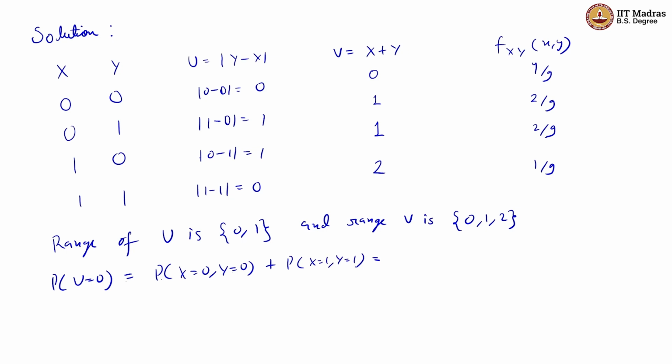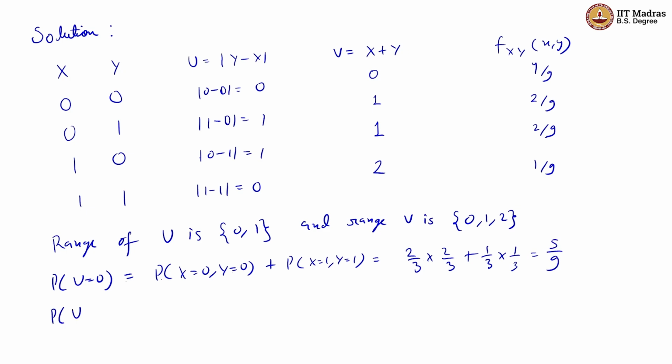And as x and y are independent, the joint can be written as product of marginals. So the probability will be equal to 2 by 3 into 2 by 3 plus 1 by 3 into 1 by 3. On simplification, we have probability is equal to 5 by 9.